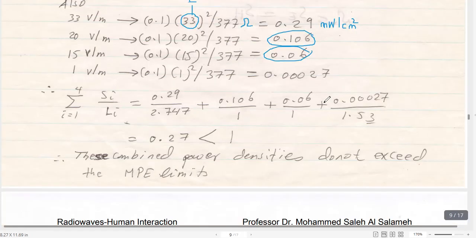Therefore, according to the regulations, it is acceptable.